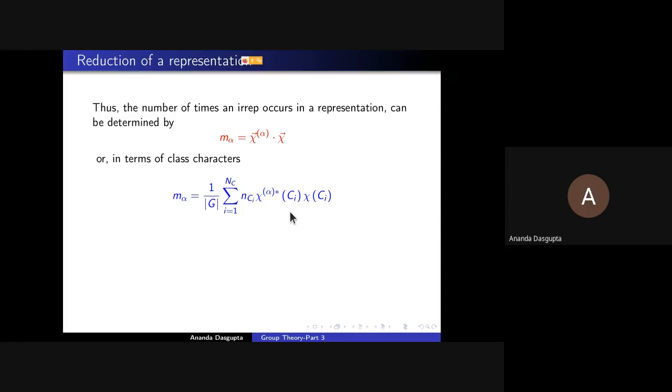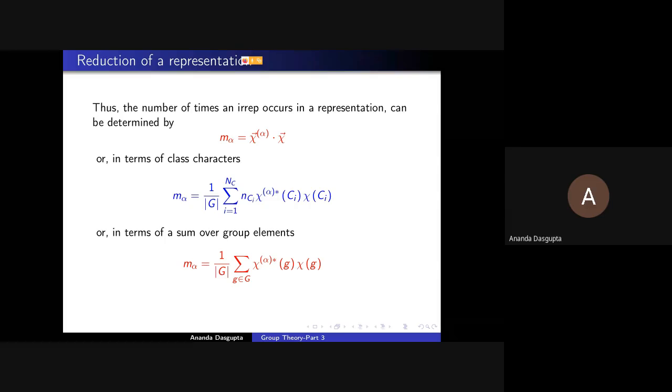But if you don't want to look at the definition of the vectors, just go by the characters, which are just numbers, and that will give you m alpha, the number of times a particular irrep occurs. Simple: you find the character of your representation, multiply each class's value by the conjugate chi alpha star c_i, weight with the number of elements the class has, add up together, and divide by mod g, and you've got m alpha. That's it. I'll use it soon and you'll see that this is pretty easy to use.